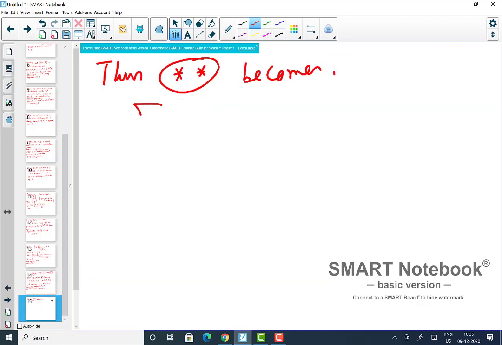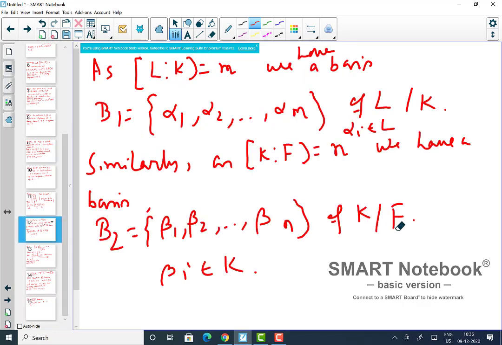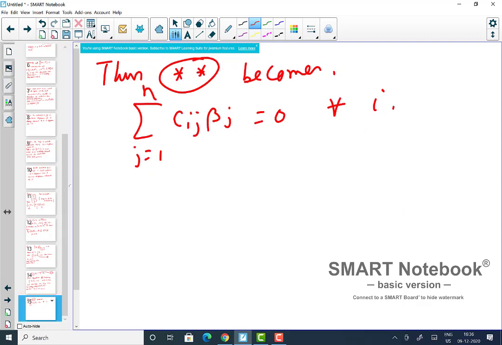That means the summation Cij beta j, j equal to 1 to n, is 0 for all i. Again, you see that beta 1, beta 2, beta n form a basis of k over f, and the Cij's are elements of f, right?